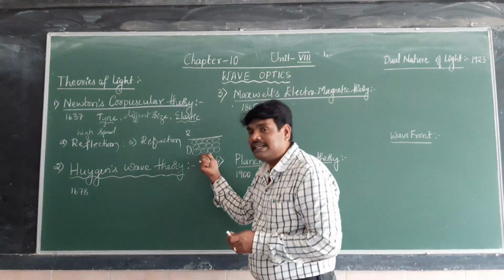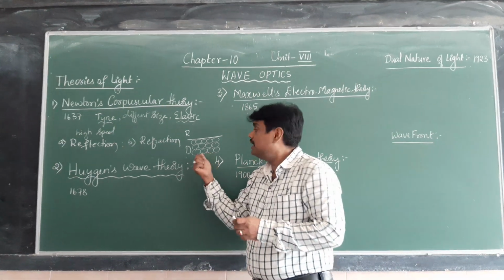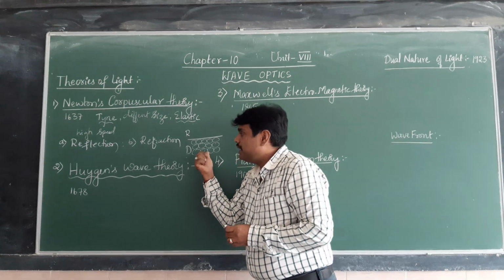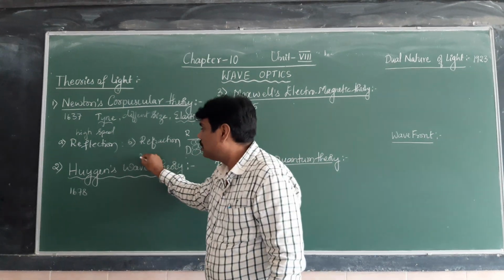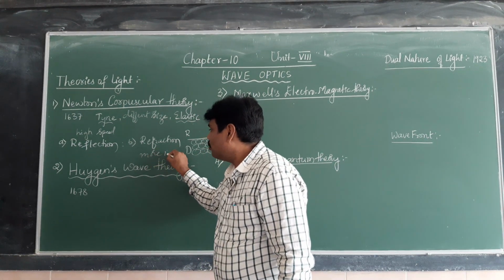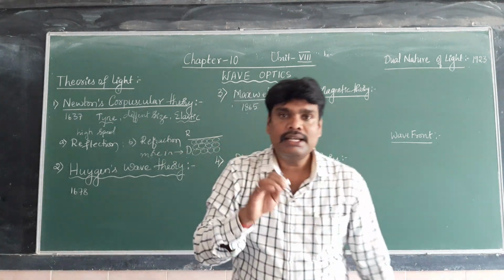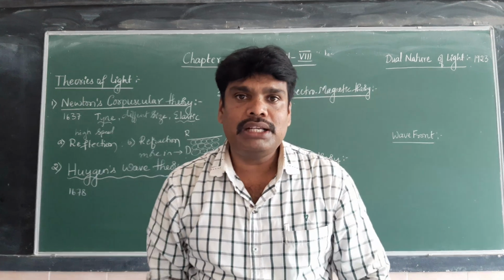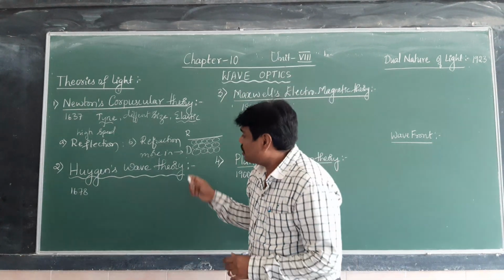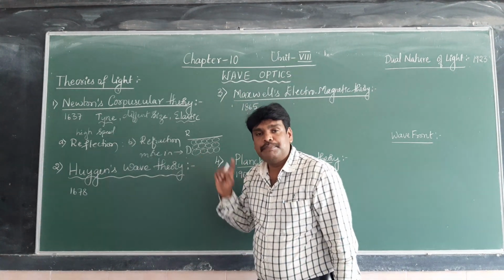That concept he has adapted. That's why he concluded that the speed of light is more in water, denser medium. But this is against the experimental results of Michelson-Morley experiment.